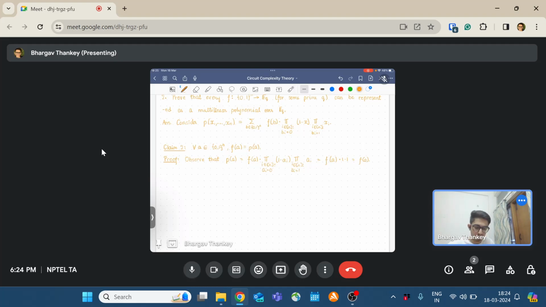So this proves the claim, and again, the polynomial is multilinear because every x_i appears either here or here, so its individual degree in any monomial is at most 1.